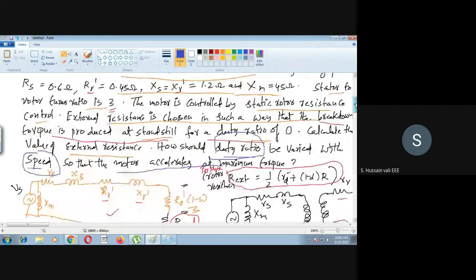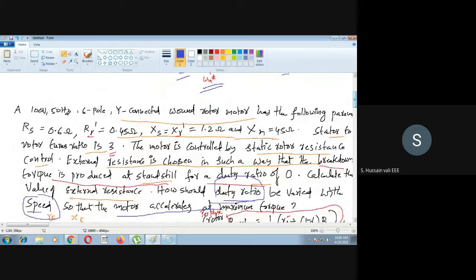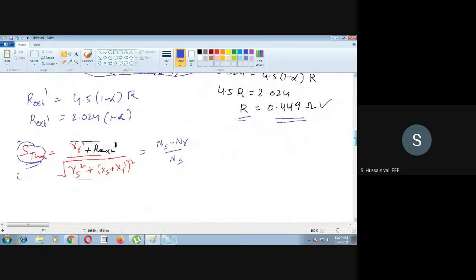From the data: 6 poles are given, and the frequency, so Ns is equal to 120 F by P, which is 120 into 50 by 6. So we got 1000. So this value is 1000, and slip is 1000 minus Nr by 1000.